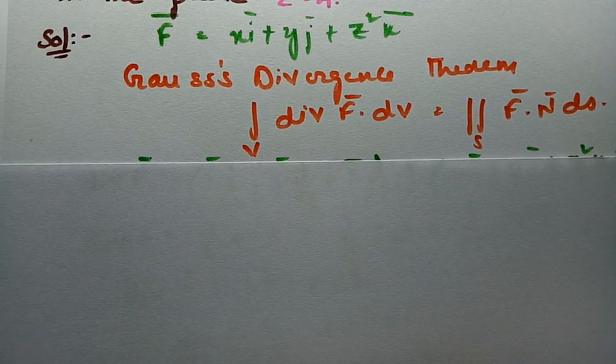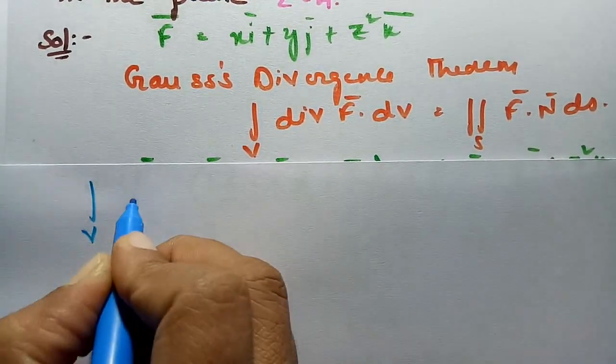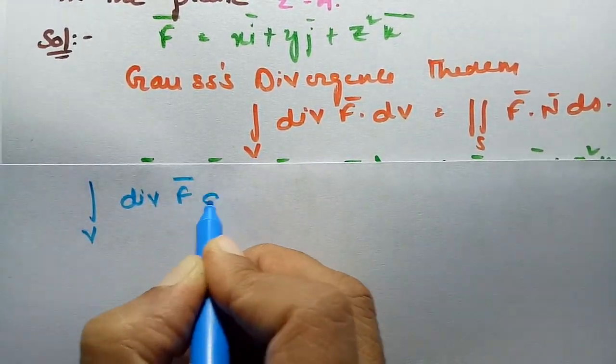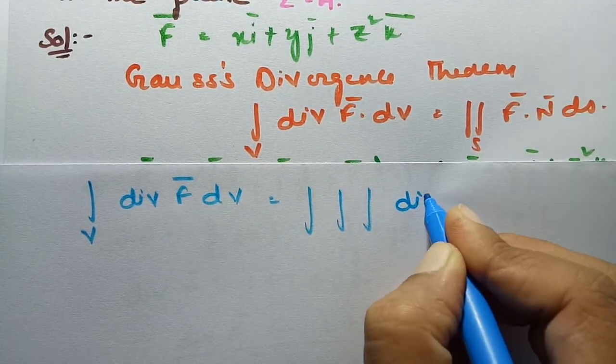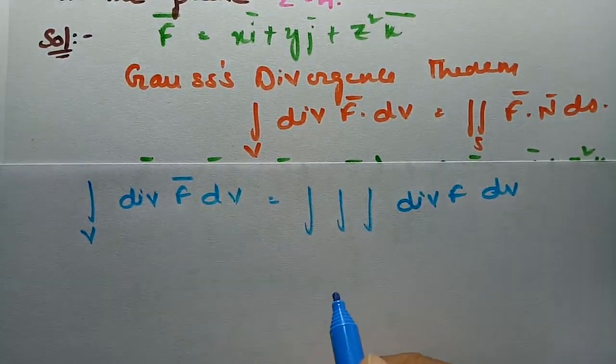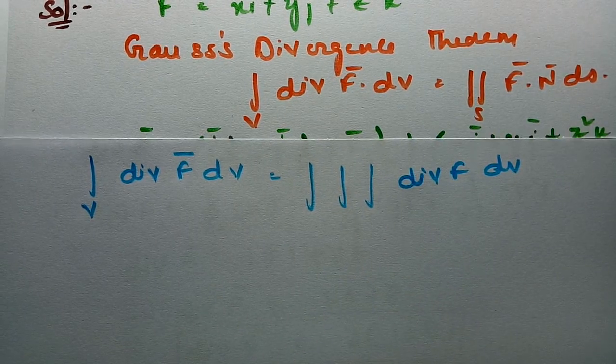So the volume integral of div f bar dV is nothing but the triple integral of div f bar dV. So these are the values.